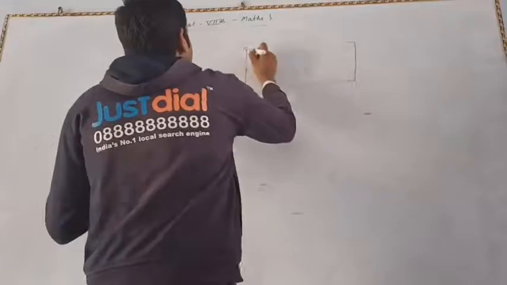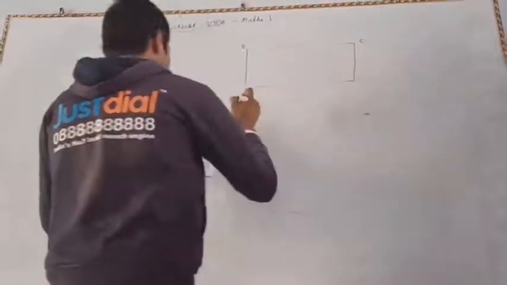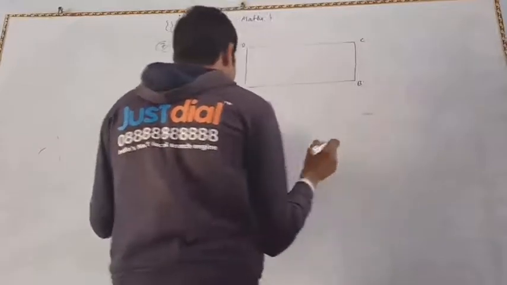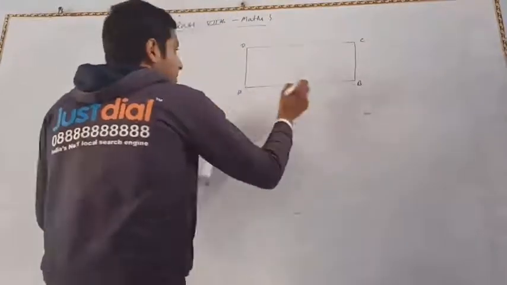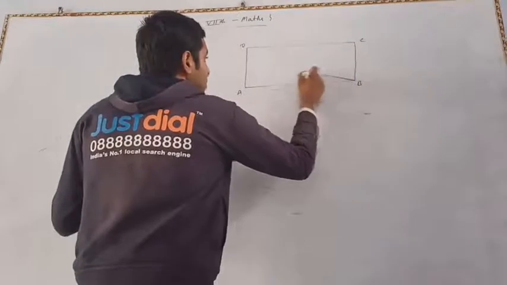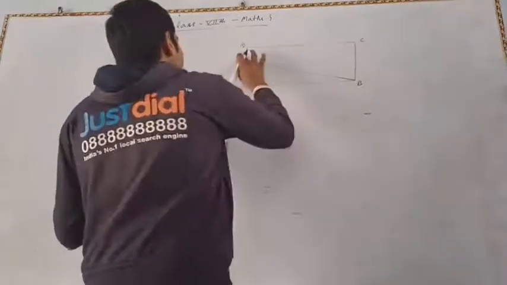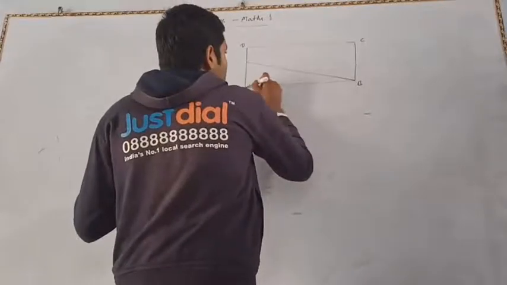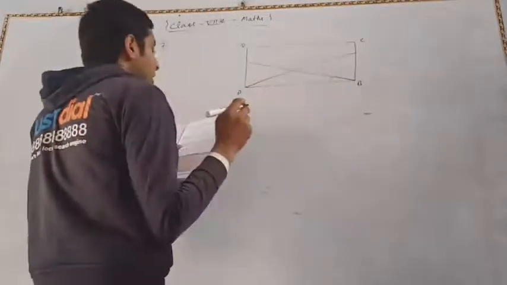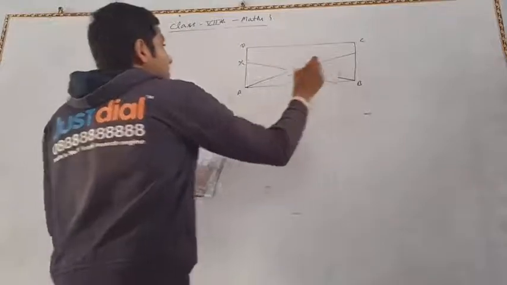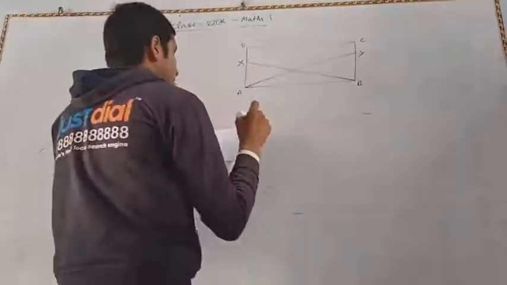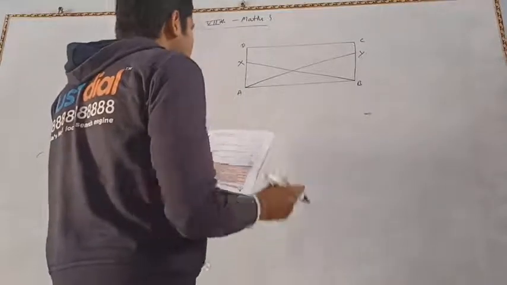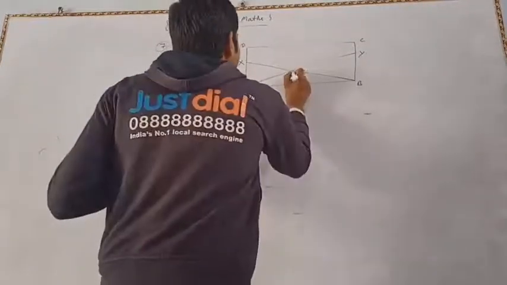Here point D, point C, point A, and point B. From here lines are drawn, and this point will be X and this will be Y. The intersecting point is not given, so if you want, suppose that this is point O.